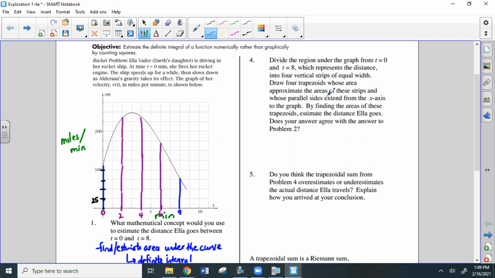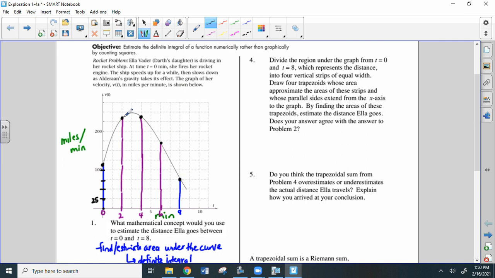and whose parallel sides extend from the x-axis to the graph, which is what we just did. So I drew these lines from the x-axis to the graph, so they touch the graph. And I want to turn these strips into trapezoids.